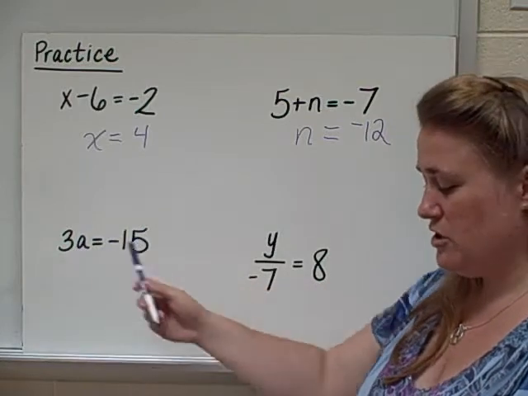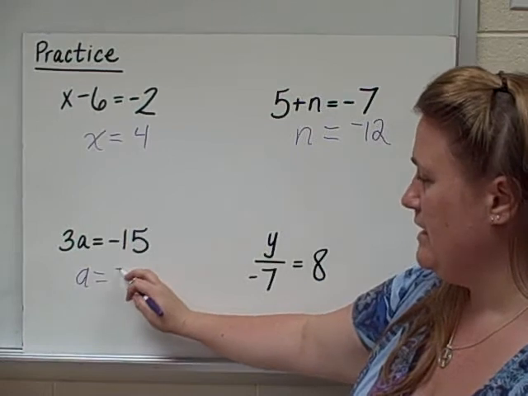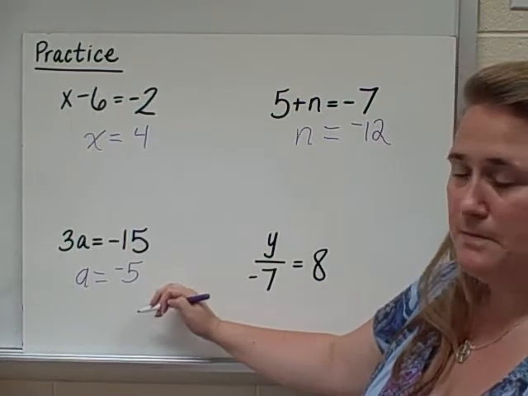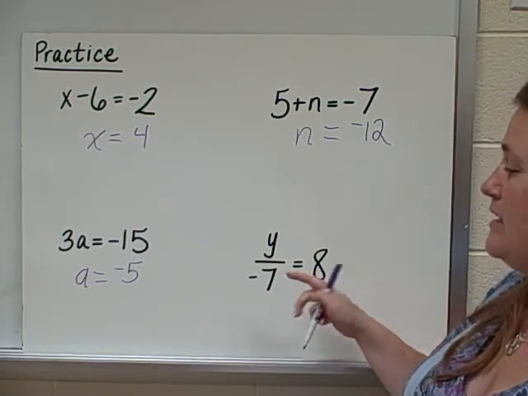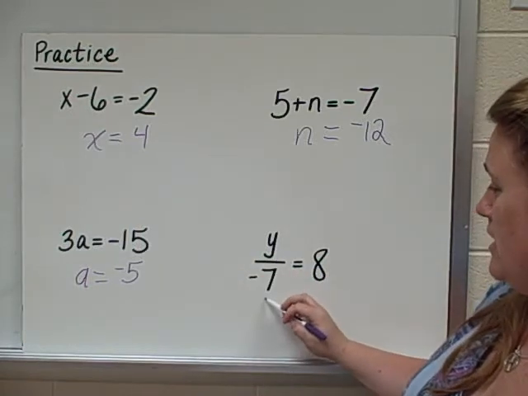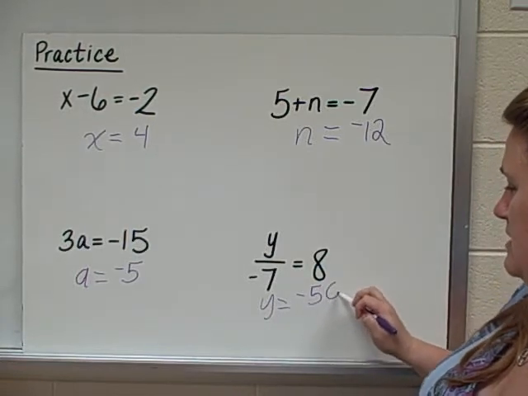This is multiplication, so we divide by 3 and get a = -5. y divided by -7 equals 8. The inverse is multiplication, and we get y = -56.